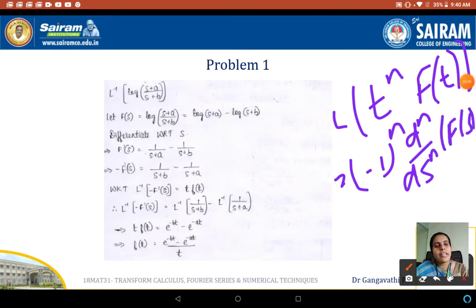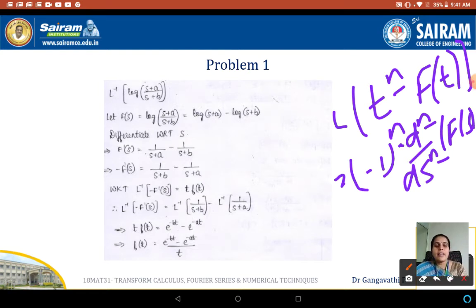Once we know this clearly, it is easy for us to go for the inverse. When n is equal to 1, it means that the first time you have differentiated and you have multiplied. So here n also should be equal to 1. You have to go in the reverse direction.